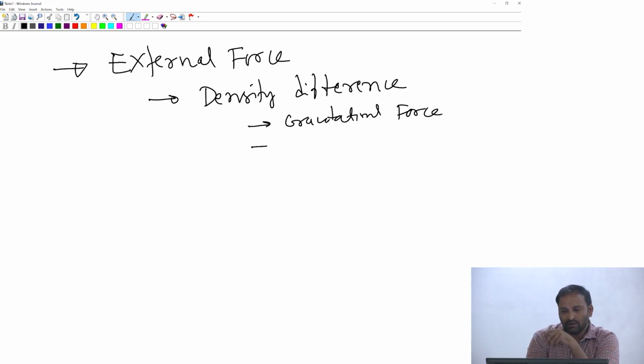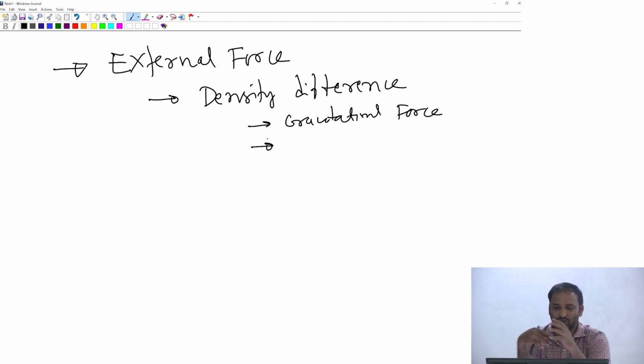Any other example where I can exploit the density difference for setting a particle to move? Was that osmosis? Why is osmosis related to density difference? Osmosis is basically typically some kind of permeable membrane, where you look at separation, a membrane which is permeable only to some species.